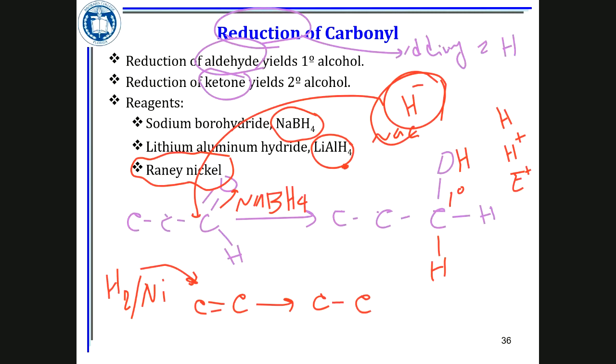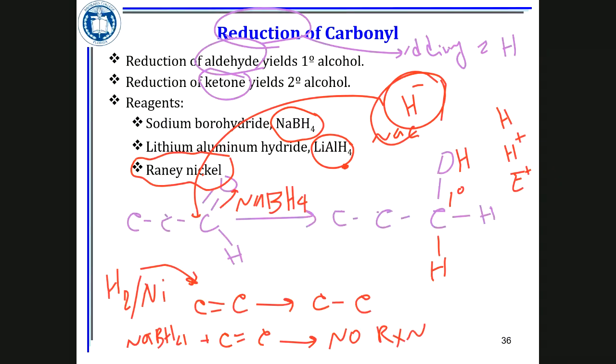Sodium borohydride plus a C=C double bond is going to be no reaction. So there are some similarities and some differences. First of all, you need to know what the reducing agents are. Second, you need to know when to use what.